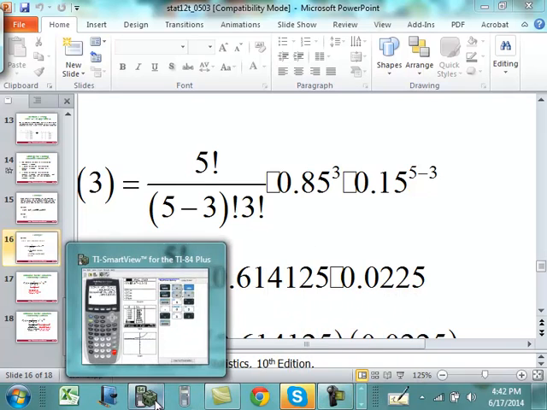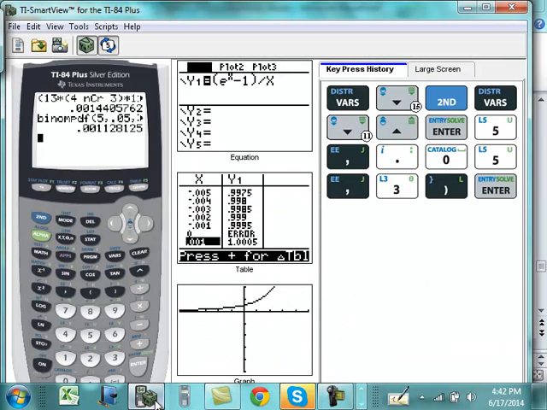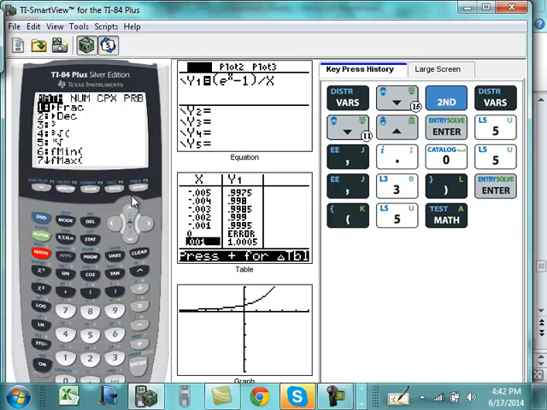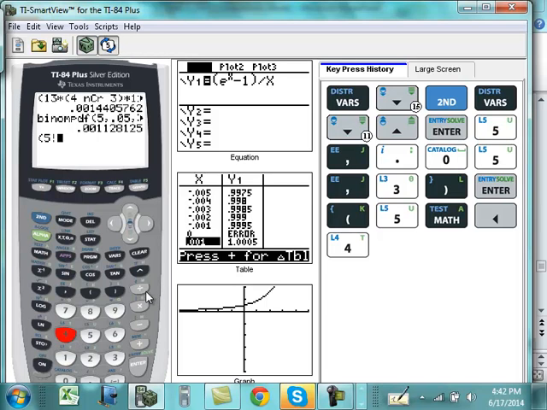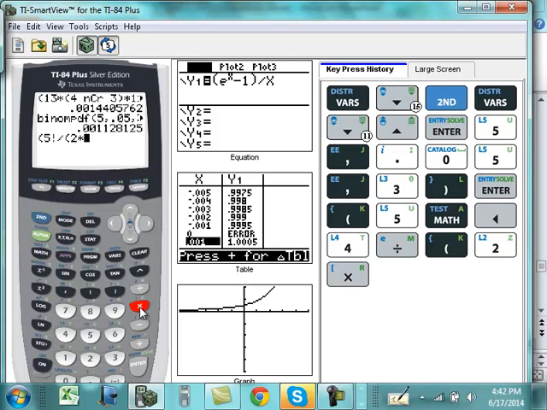Let's do that calculation. I'm going to do my open parentheses 5, math, probability, and option 4 is the factorial. And then we're going to divide that by, and in parentheses I'm going to put 2 factorial, which by the way is 2 because it's 2 times 1, times 3 factorial. 3 factorial is 3 times 2 times 1, which is 6. So I'm going to just put a 6 down there.